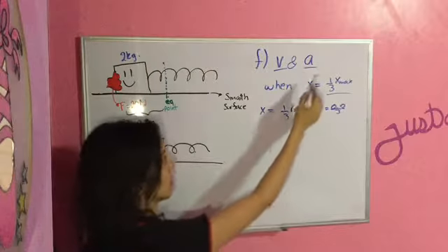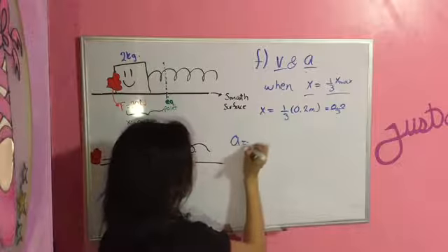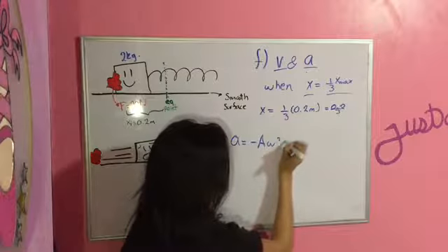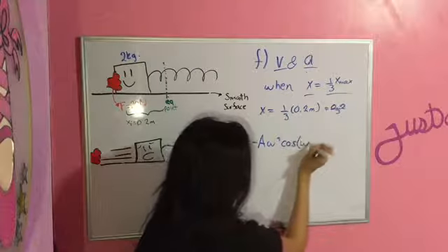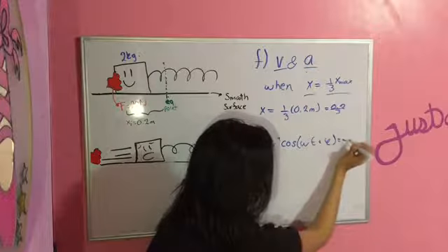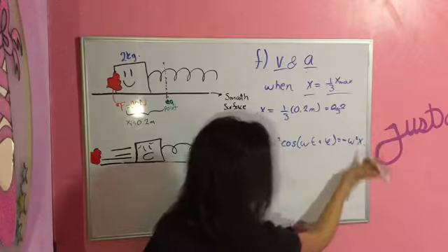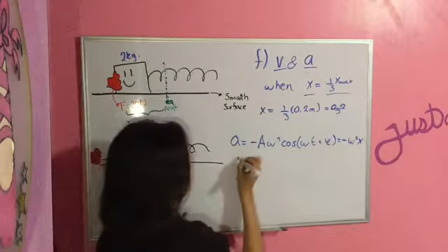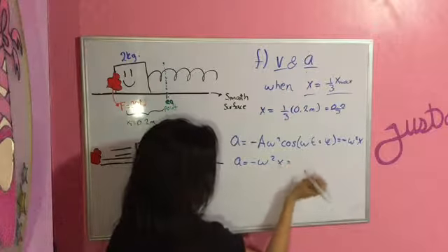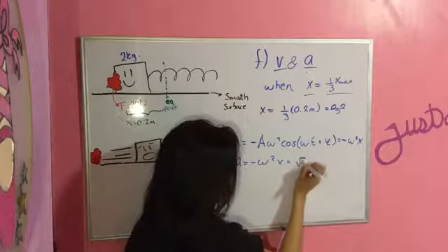Now for deceleration, we have to take into account the equation of acceleration equals minus the amplitude times omega squared times the cosine of omega times the time plus the phase angle. And this is equal to minus omega squared times the distance. So we only have to substitute those values.